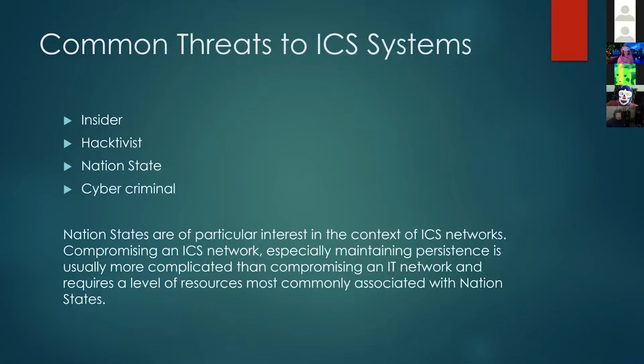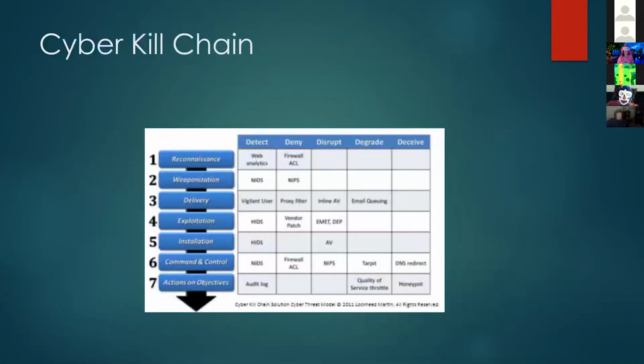So we're just talking about how it's harder to compromise an industrial control network than an IT network. Here we see the normal cyber kill chain for an IT network.